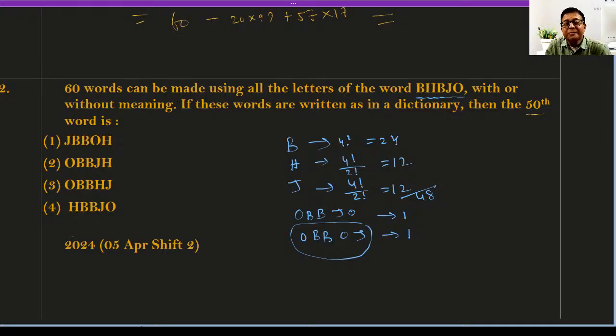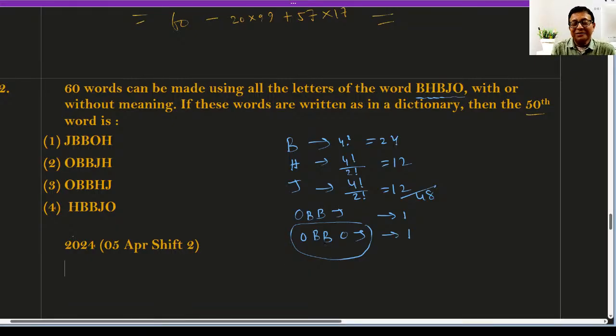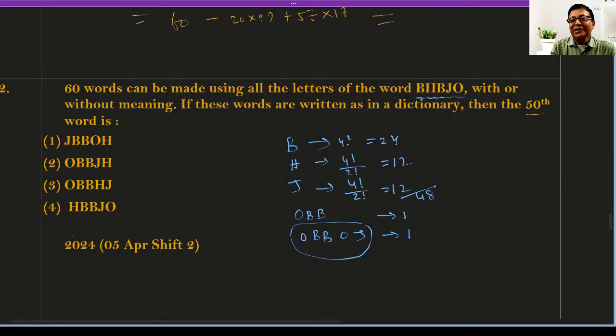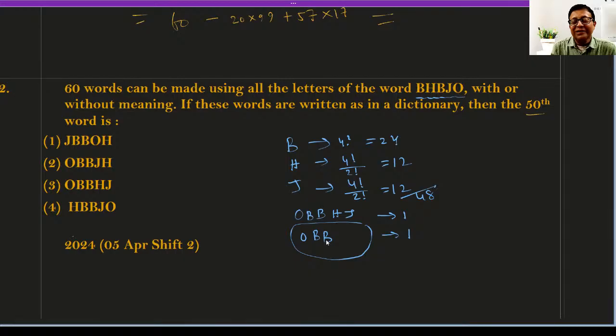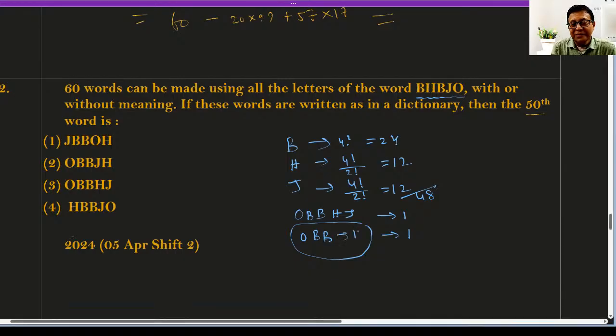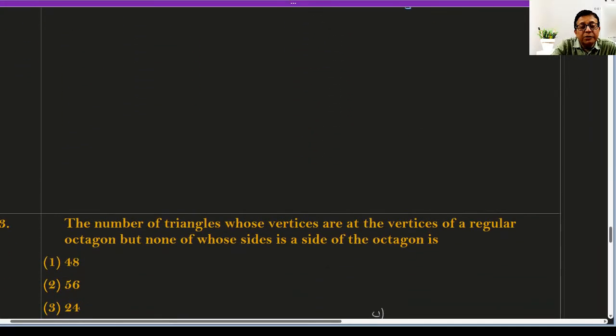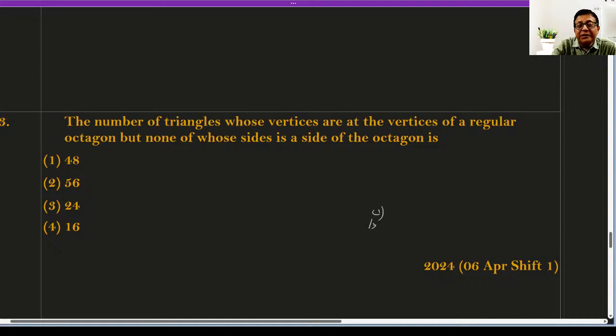Might have done one mistake. Oh, yeah, sorry. We need OBBHJ, and the next one is OBBJH. Clear? So this is the 50th. OBBJH. Number 2 is the option. This way you used to find rank, no? When you first learn finding rank of a word. Go for the next one. This is a fantastic problem.